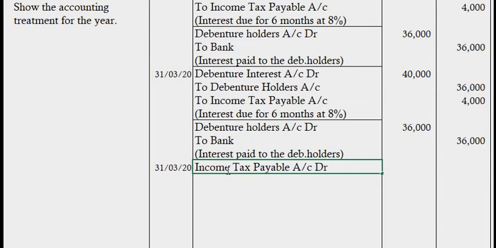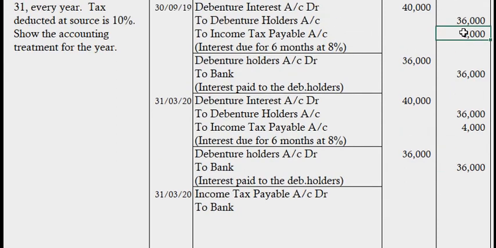Income tax payable account debtor to bank. Here 4,000 is here and 4,000 is here. This is the tax collected from the interest payable to the debenture holders. Now we want to pay this amount to the income tax department. So 4,000 plus 4,000, 8,000 rupees is payable to the income tax department.